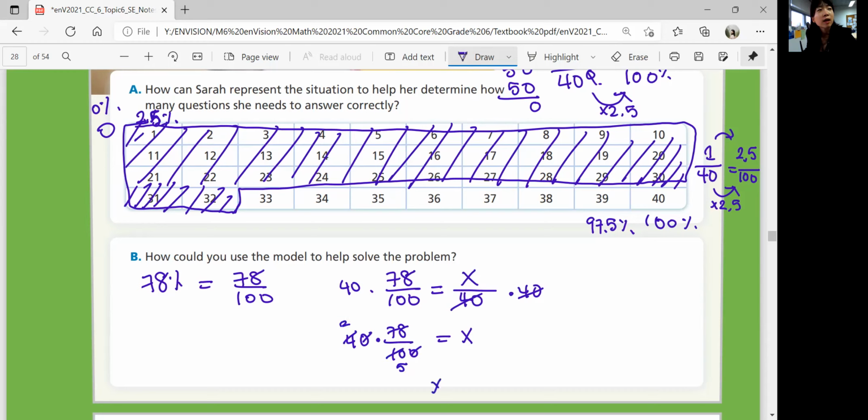And then X is 2 times 78 over 5, which is 156 over 5, which is 31.2. So that's going to be 32 questions.